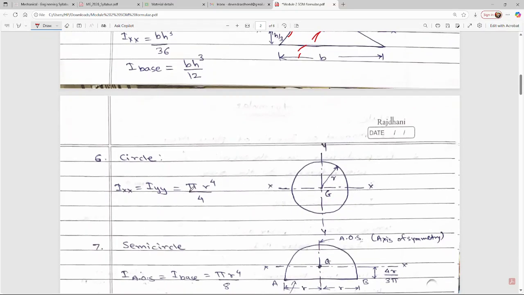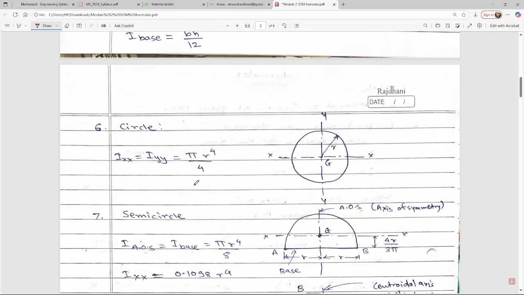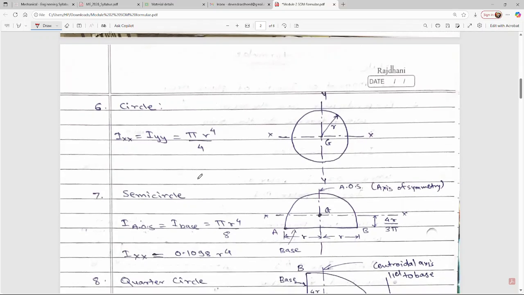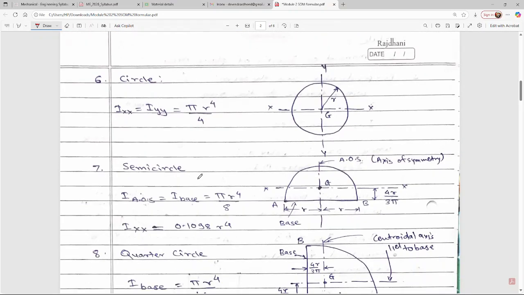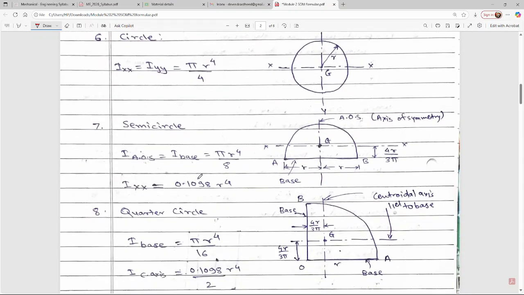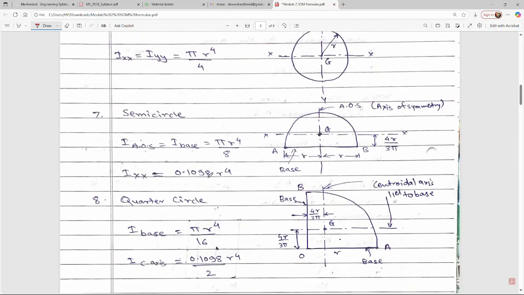Okay, so you can simply convert it for a triangle. Then for a circle, it is pi r raised to 4 by 4. You have to learn by heart all the standard formulas. Okay, I have provided you all the PDF to learn by heart all the formulas. You have not to skip any single formula. Okay, so I of AOS means the axis of symmetry is this axis.